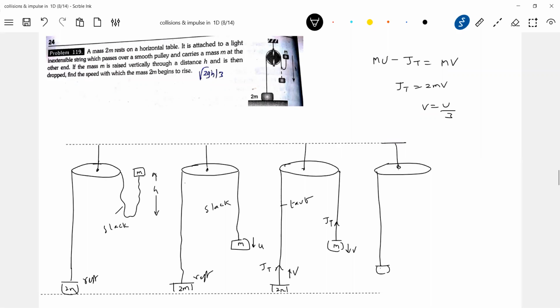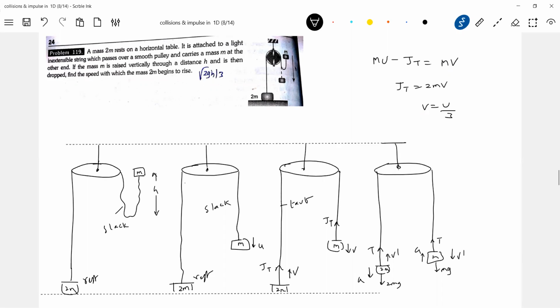So this will be 2m. Here it will have velocity say v dash, this will be v dash, but retardation will be in this direction. Why? Because which force will be greater? 2mg will be greater than tension, and the tension here will be greater than mg.